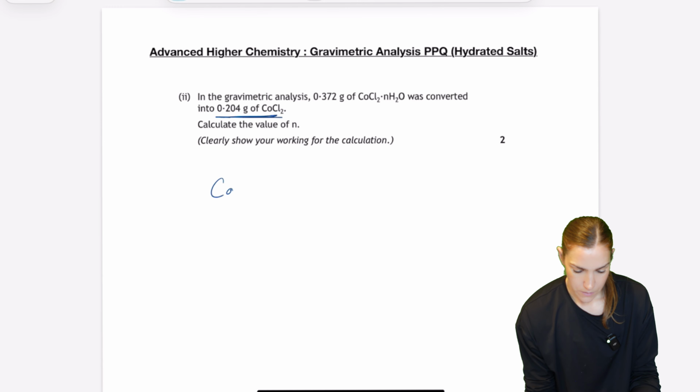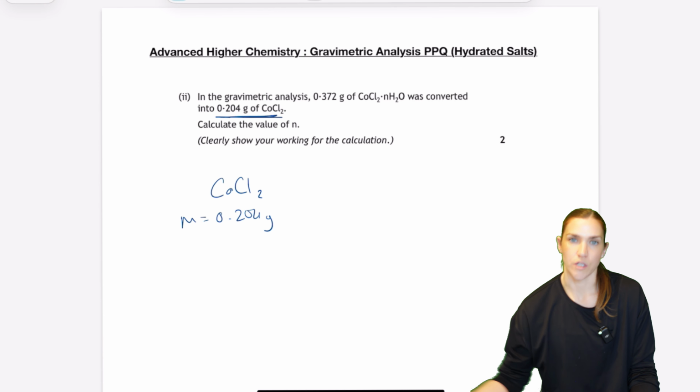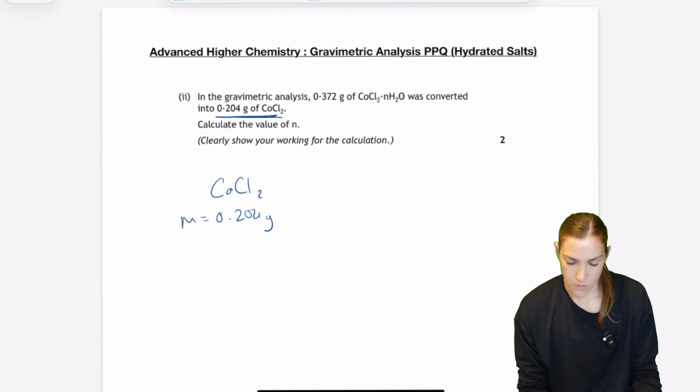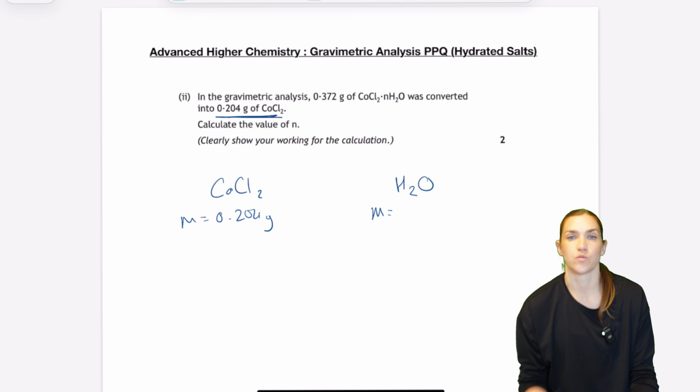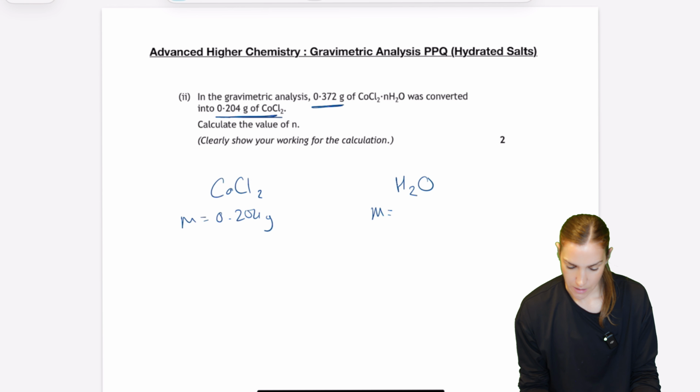If I lay this out here, the mass is 0.204 grams, and we're trying to work out how much water we have in comparison to that. On the other side I'm going to write H2O, and we need to work out how much water we must have had. To work out the mass of water, we need to do a subtraction between the mass of our hydrated salt and the mass of the dehydrated salt.